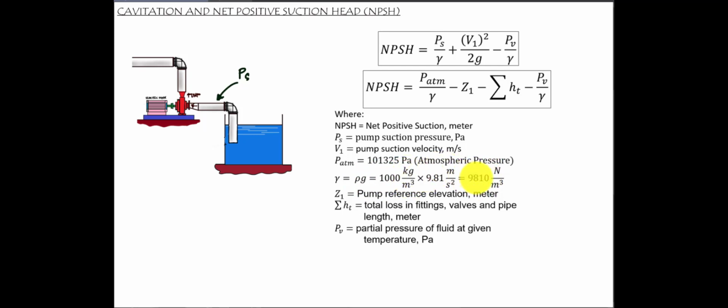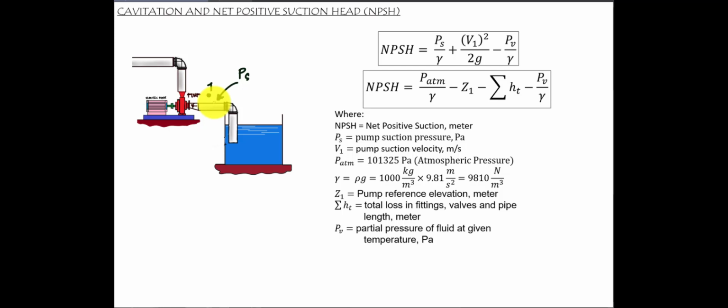That gives 9,810 Newton per cubic meter, plus the velocity at point 1 squared, V1, the pump suction velocity, at the suction.